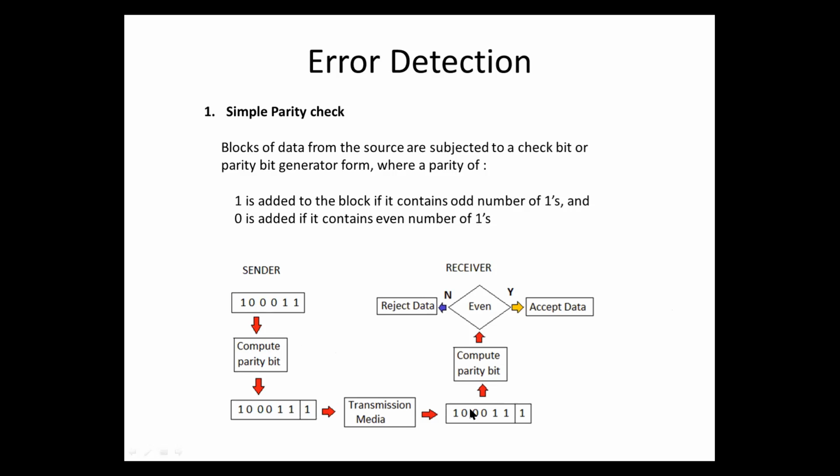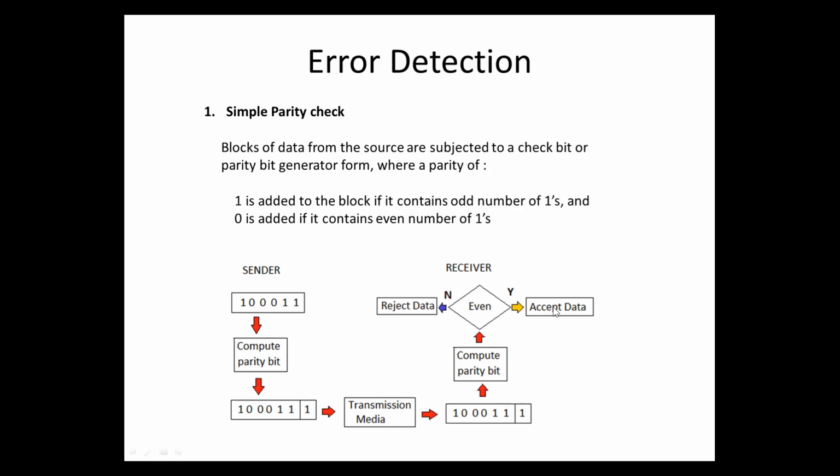Then it goes through the transmission medium and comes in, and this is what's received on the receiving end. It has an odd parity indicator, and when the receiver computes the parity bit, it's also a 1.